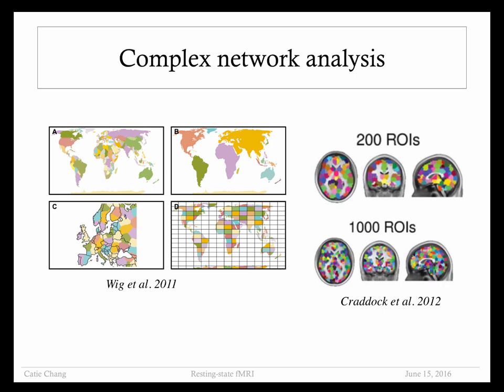And doing this type of analysis also involves a lot of choices, none of which really has a single right answer, but it depends on what we want to study. The choice of nodes and edges here is critical because that's going to affect what we get out from any subsequent analysis on the network. For taking nodes, for example, are we interested in looking at resolution of countries or continents? Or for the brain, do we want to use a big anatomic atlas, or a more functionally based parcellation?